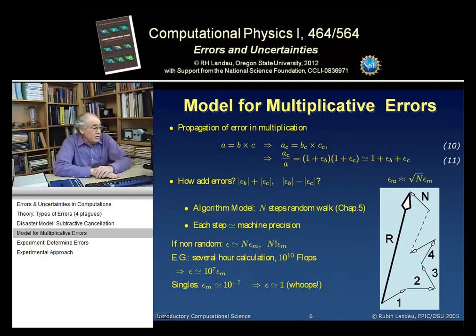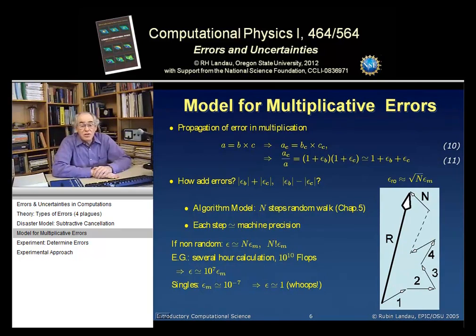But let's say we do a calculation here which is 10 to the 10th flops. A flop is a floating point operation. That's not very much. As we've said, the clock speeds on these computers are in megahertz, so they can do millions, or gigahertz, they can do 1,000 million operations in a second. So running for 1,000 or hundreds of thousands of millions of computations is not unusual.